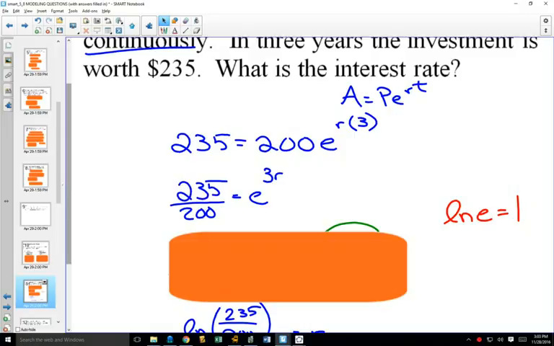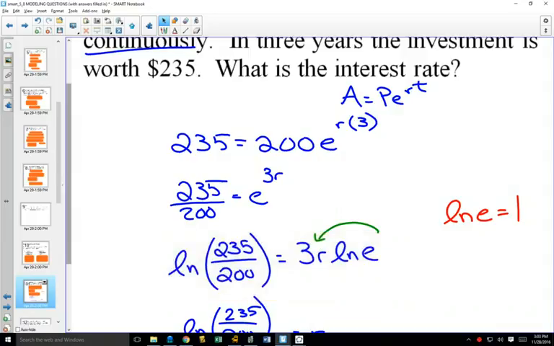And now, since the base is e, you could take the log of both sides, but I'm going to take the natural log of both sides because all the rules are going to be exactly the same, whether you use log or natural log or any base log. But the nice thing about using natural log when your base is e is the natural log of e is equal to 1.